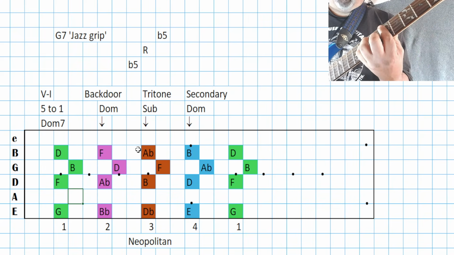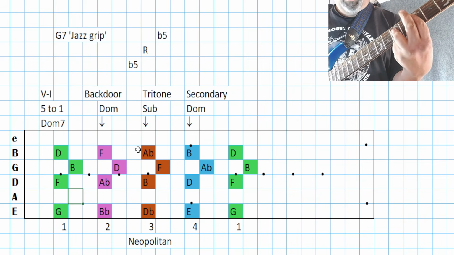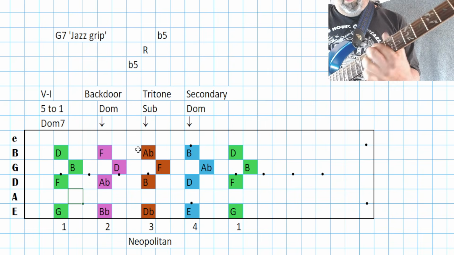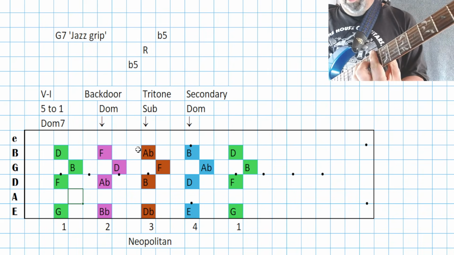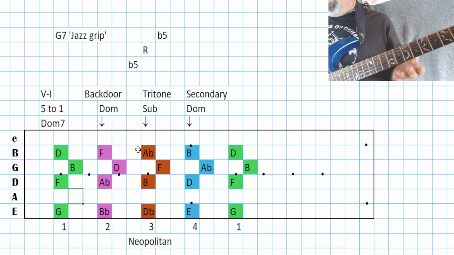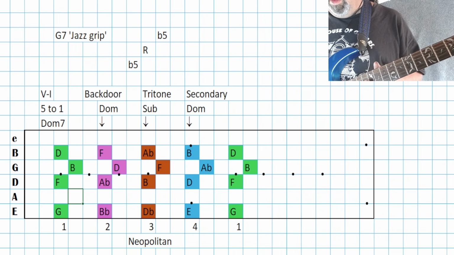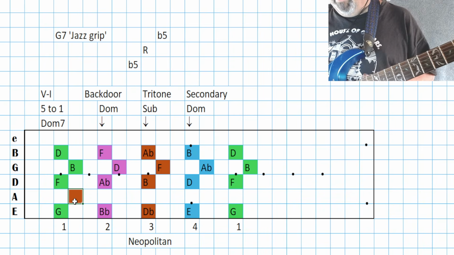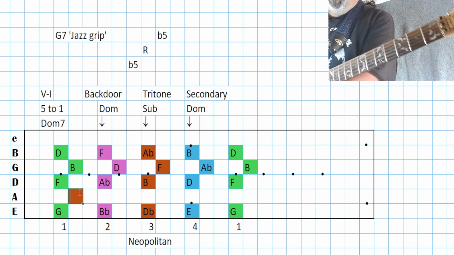So you can even think of it for that 251 we talked about earlier. So pretty cool, the tritone sub, that's where it comes from. Basically, this note here is a brown note. It's D flat. So it's your tritone sub.